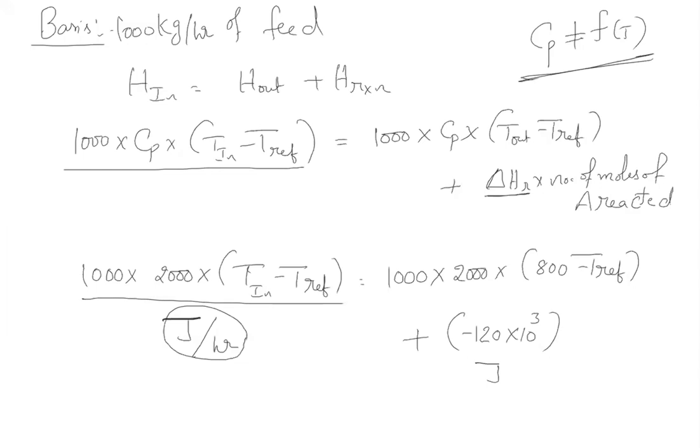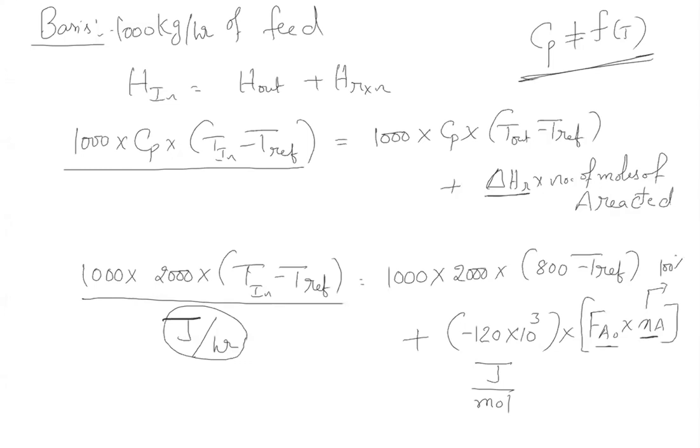This is joule per mole, no? Into how many moles of A reacted? How many moles of A reacted is nothing but FA naught into XA. FA naught is how many moles of A at the inlet. XA is conversion, which is 100%.